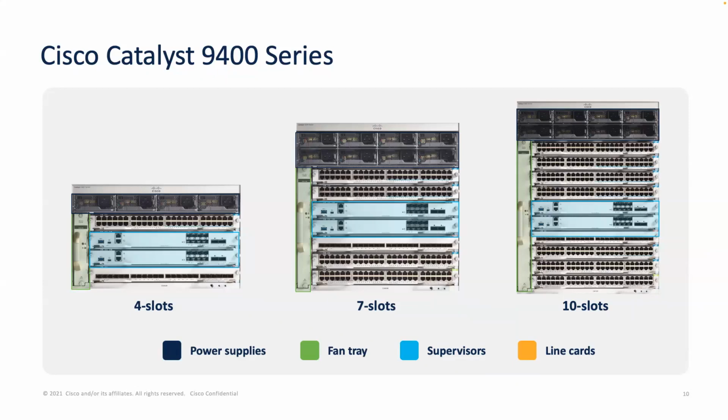As you can see from the slides, slots 2 and 4 for the 4-slot chassis, slots 3 and 4 for the 7-slot chassis, and slots 5 and 6 in the 10-slot chassis are only capable of installing the supervisors, and the rest of the slots in the chassis are capable of installing the forwarding LAN cards. Apart from that, the fan tray and the power supply are also changeable as well.